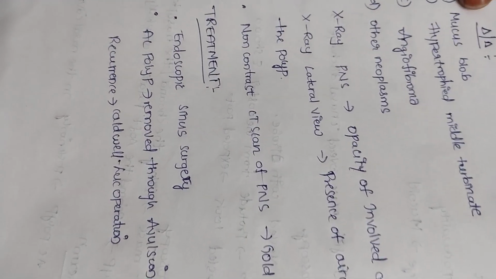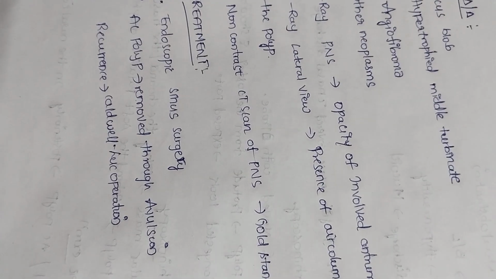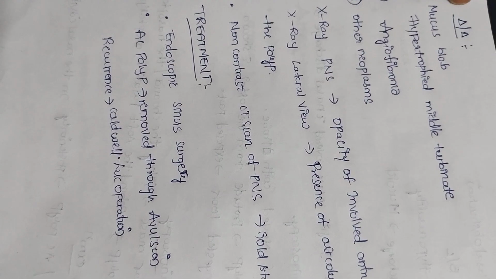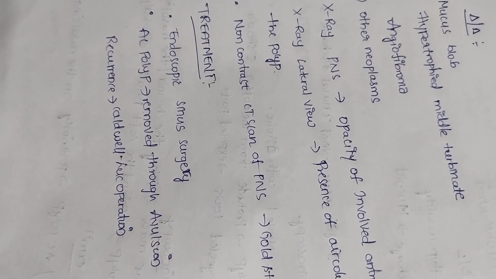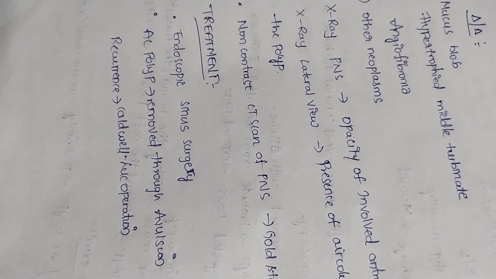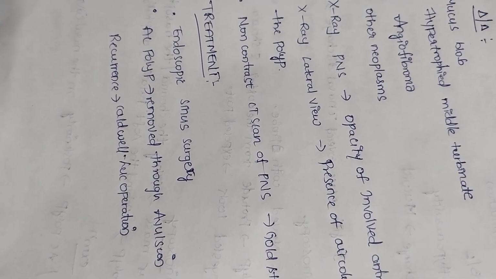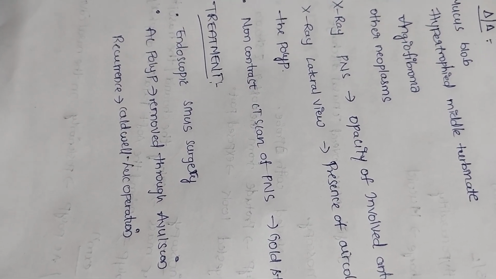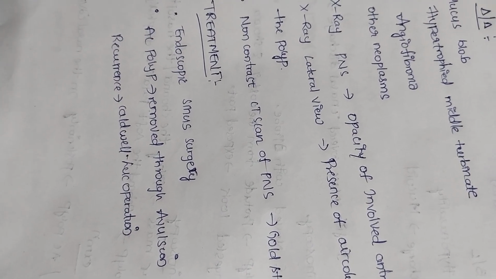Hypertrophied middle turbinate should be differentiated from the polyp. Angiofibroma, as you see angio, there will be blood supply, appears as a pinkish mass, and is firm in consistency, whereas our polyp is soft. In hypertrophied middle turbinate, you will appreciate hard consistency.